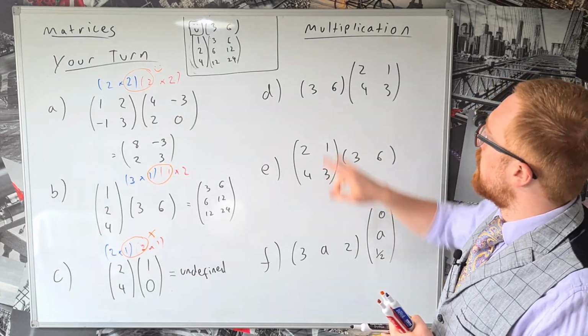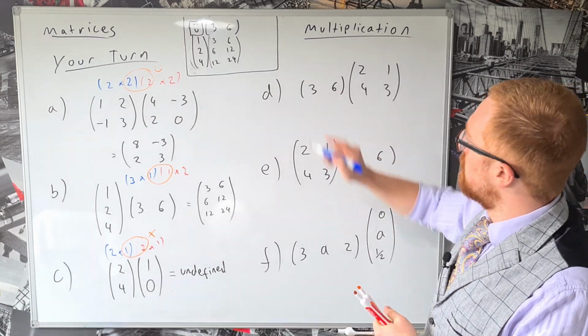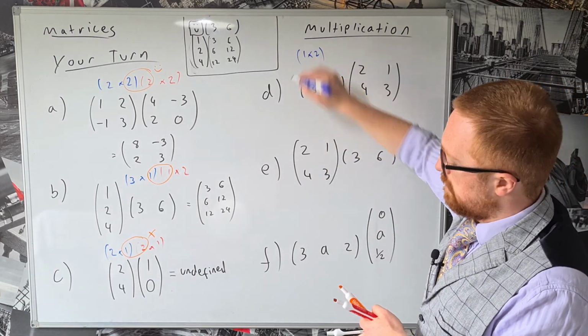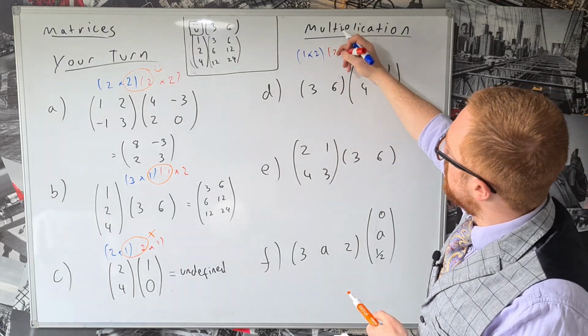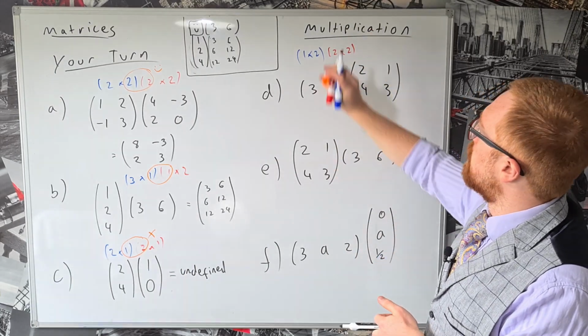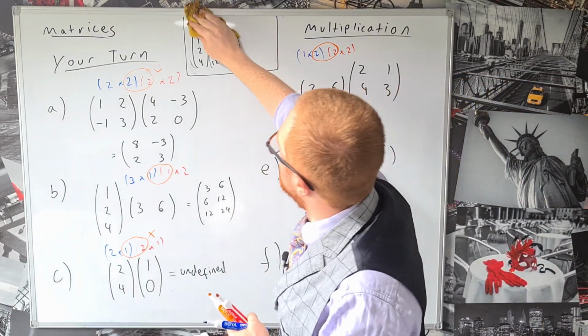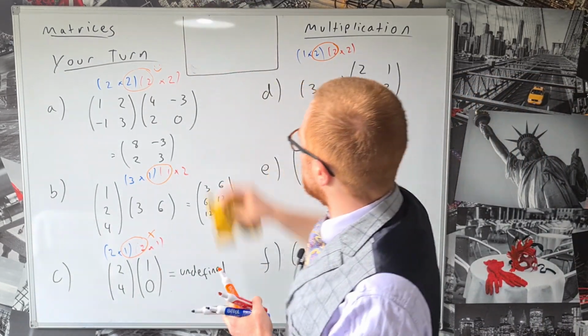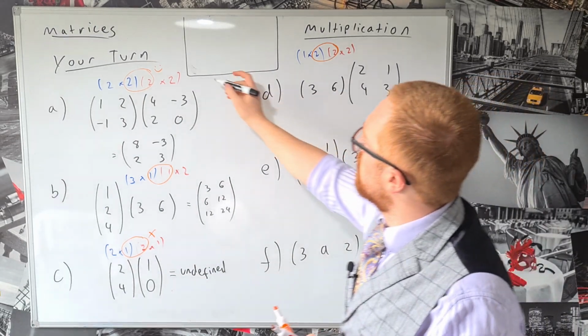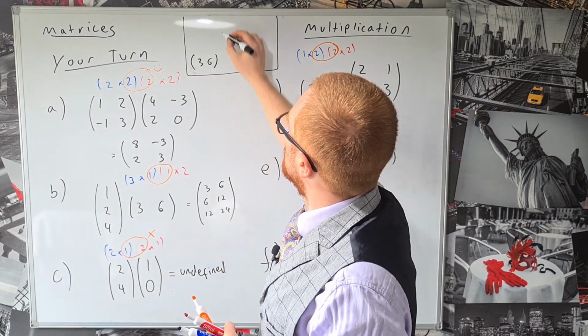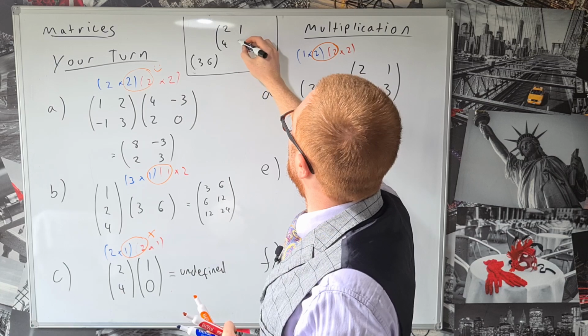Okay, let's have a quick look at this one. So this one is a 1 by 2 by a 2 by 2, and they are the same, so they'll multiply. So let's go to our working out box. So we offset the second one: 6, 2, 1, 4, 3.